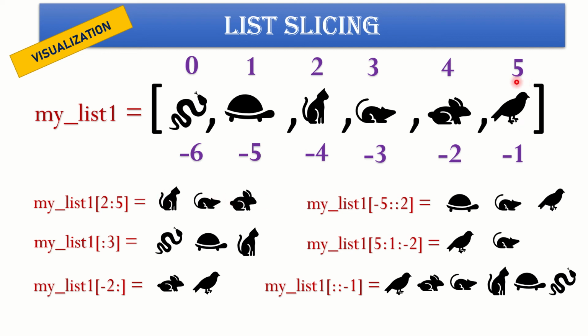So it will go up till position 5 but not include index position 5. Similarly, now I have not given the starting point here. So I'm going to start from 0, which is the default position, and go till 3 but not include 3. So this will display the snake, the tortoise and the cat.